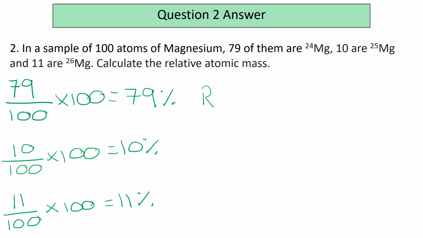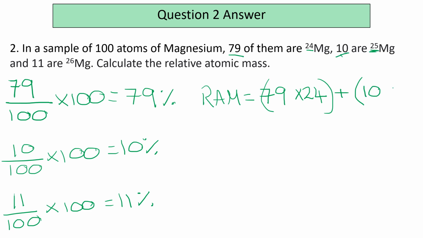So the next calculation, we need to do 79% multiplied by the mass number of 24 in brackets added to the 10% of the mass number of 25 plus the 11% of the mass number of 26.